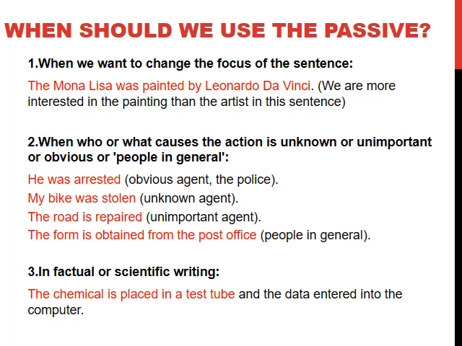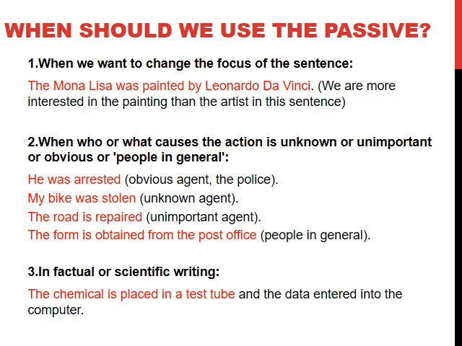As you see in this example, we have the Mona Lisa was painted by Leonardo da Vinci. So we are more interested in the painting than in the artist in this sentence. Number two, when who or what causes the action is unknown or unimportant.